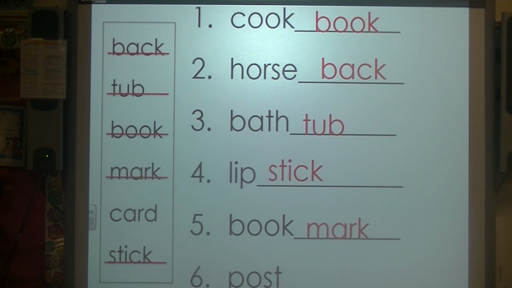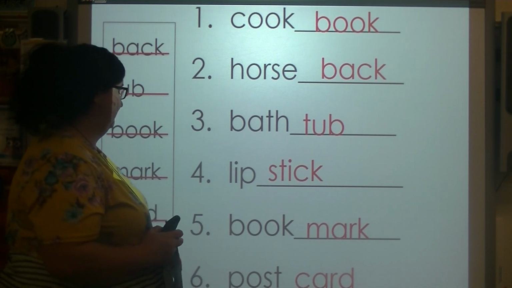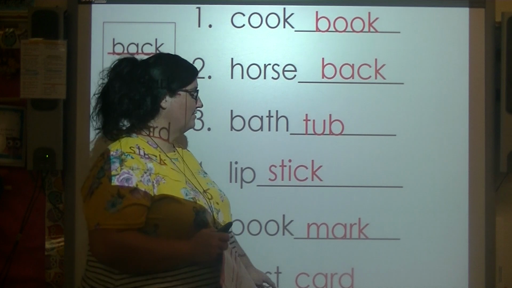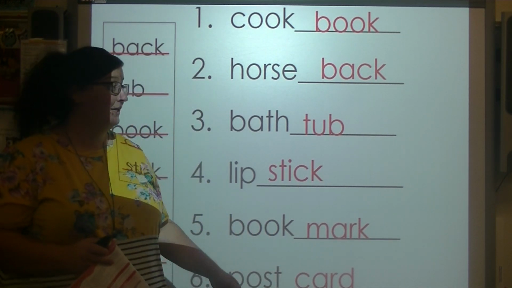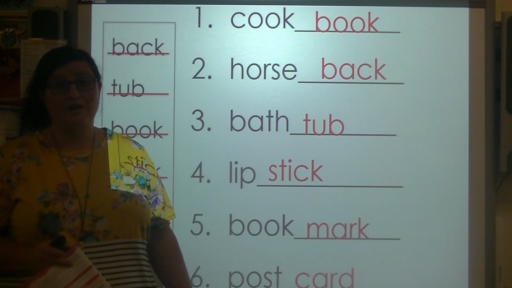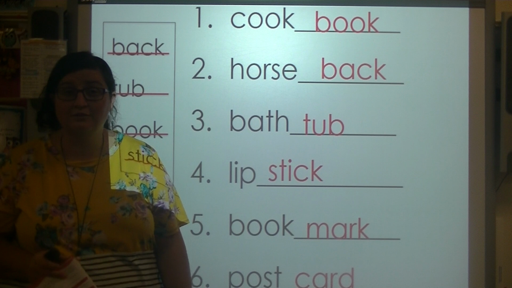And number 6, we have post what? Postcard. All right. Some of you may not know, we call it mail, but in some places around the world, they call the mail post.